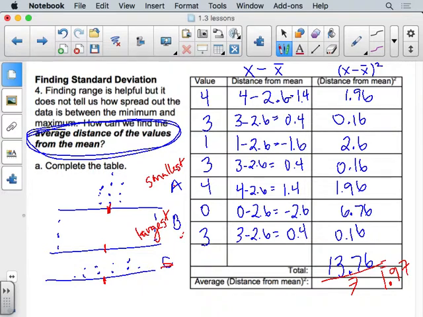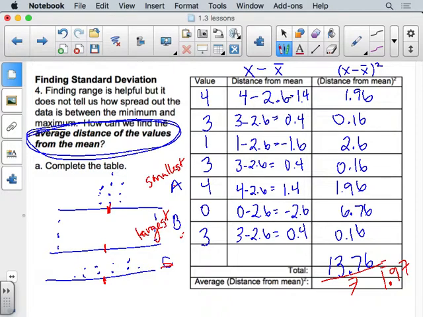Our focus here is to get the average distance of all the values from the mean. So I got my distance of my values from the mean, but then I wanted them to be positive, so I squared it. And then I want the average of it, so I add them all up and divide by the total. There's my number. One last thing we have to do is that this number is still all of our values squared.